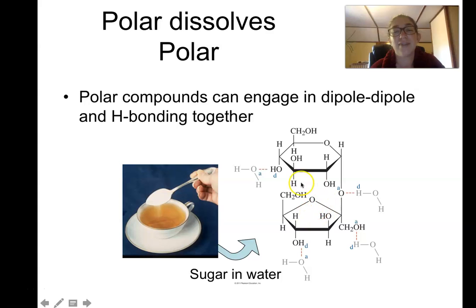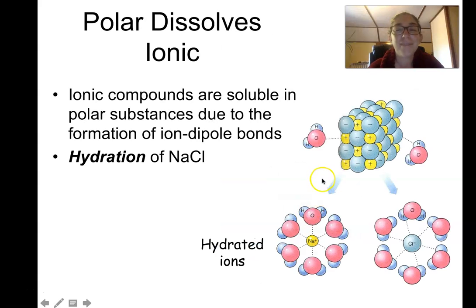It's these two rings of carbons and hydrogens and oxygens, lots of oxygens, and lots of OHs, so lots of hydrogen bond potential. So it can hydrogen bond with water because water is polar, the sugar is polar, and they both have hydrogen bonding sites. So you get some really good, strong interactions there, and that's why sugar can be dissolved in water.